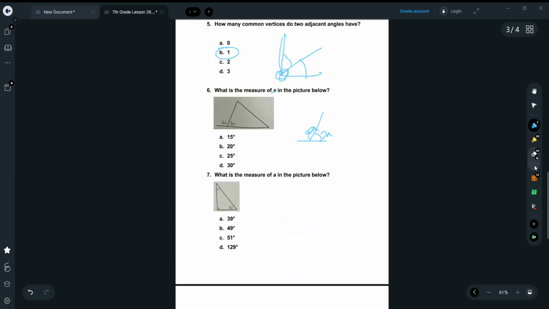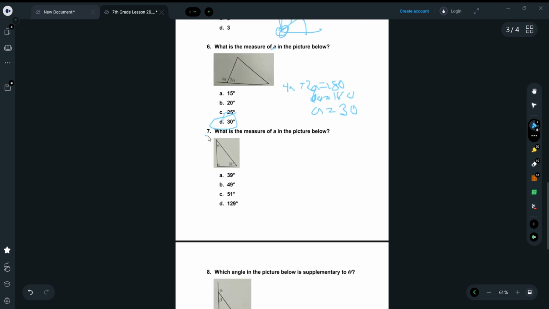Instead of 90, you'd get 180. 4A plus 2A equals 180, and you get 6A equals 180. Then you'd end up with A equals 30 degrees. D.